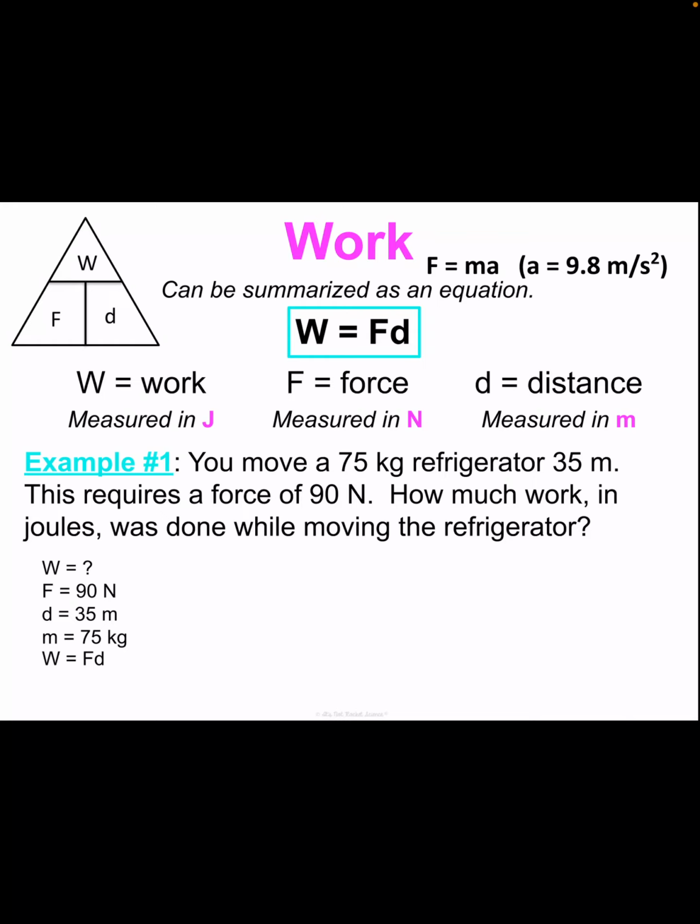Give me a second to write that down. So my equation that I'm using to solve is just F times D. And that is 90, which is my force, times 35, which is my distance. And if you calculate that, you'll get 3,150 joules.